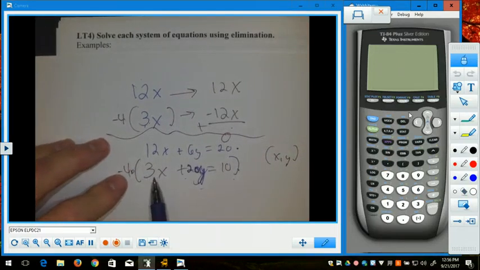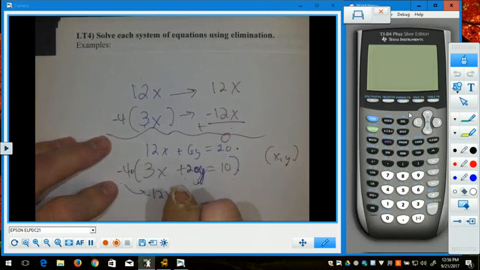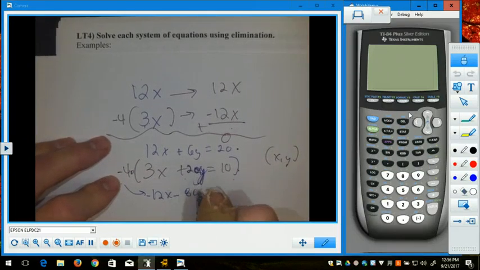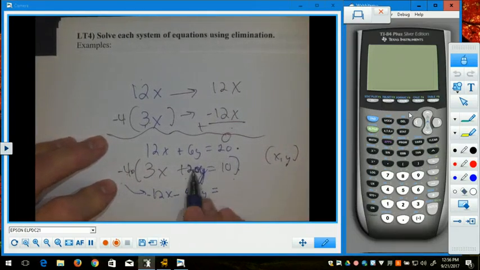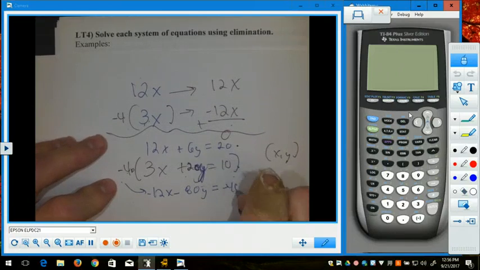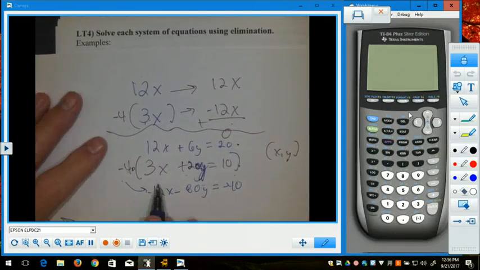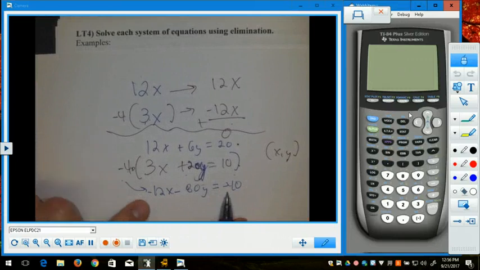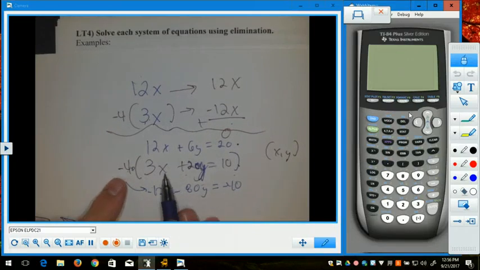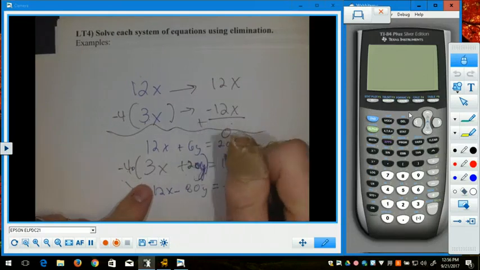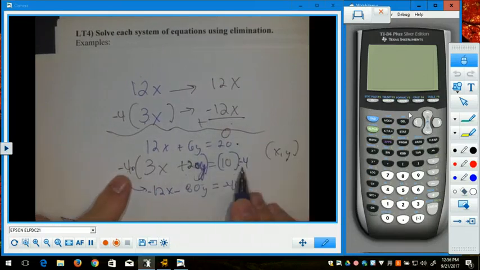If I multiply it by negative 4, I have to multiply every single term in the equation by negative 4, giving us negative 12x minus 80y equals, don't forget to multiply it over here, negative 40. I have now changed the equation, but it's still balanced because both sides of the equation were multiplied by negative 4.